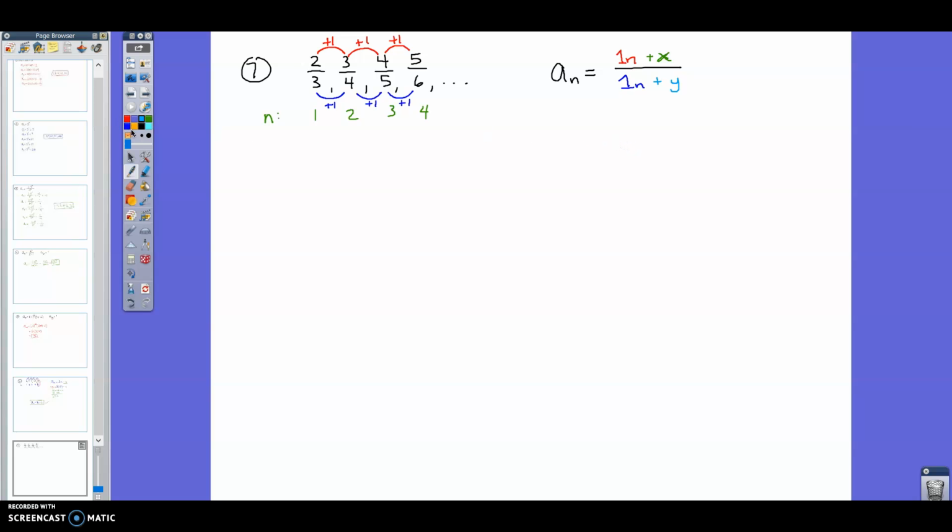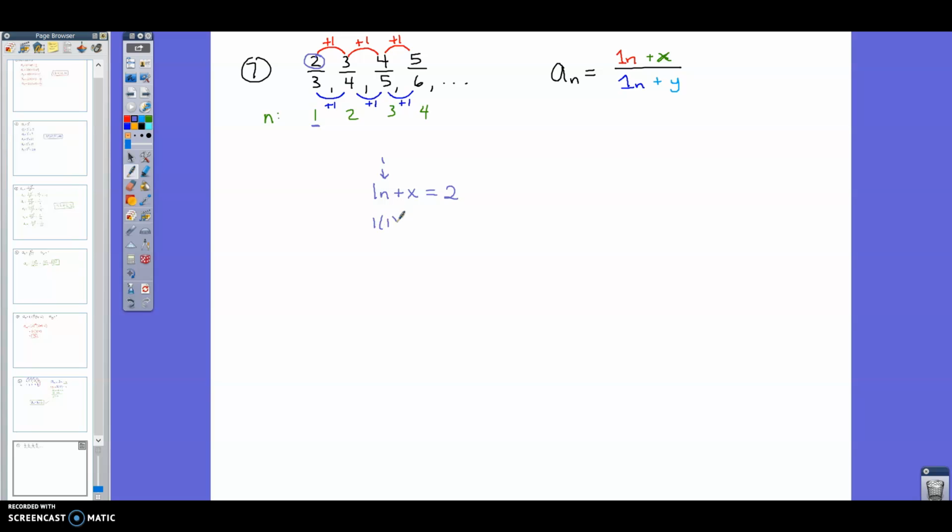What we're going to do now is take some of these terms. For example, we're going to take 2. We're just going to look at the numerator part now. So we have 1n plus x, and it should equal 2. That's when n is equal to 1, so we plug in a 1 here.